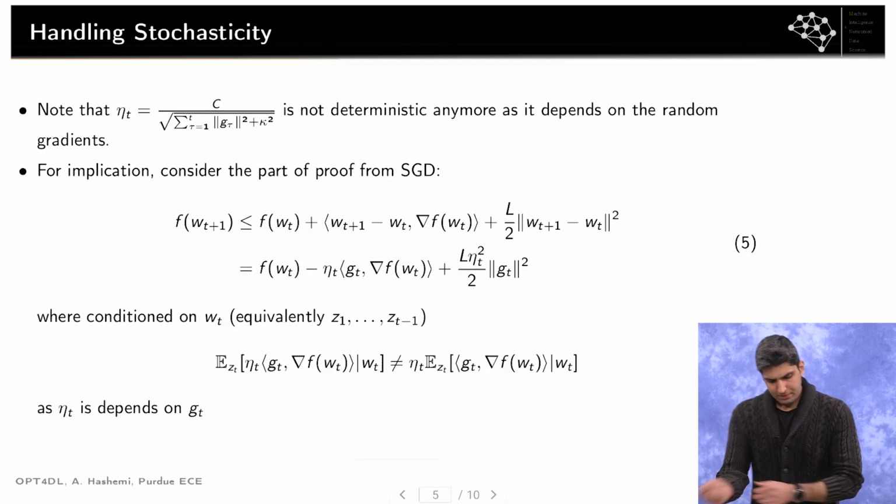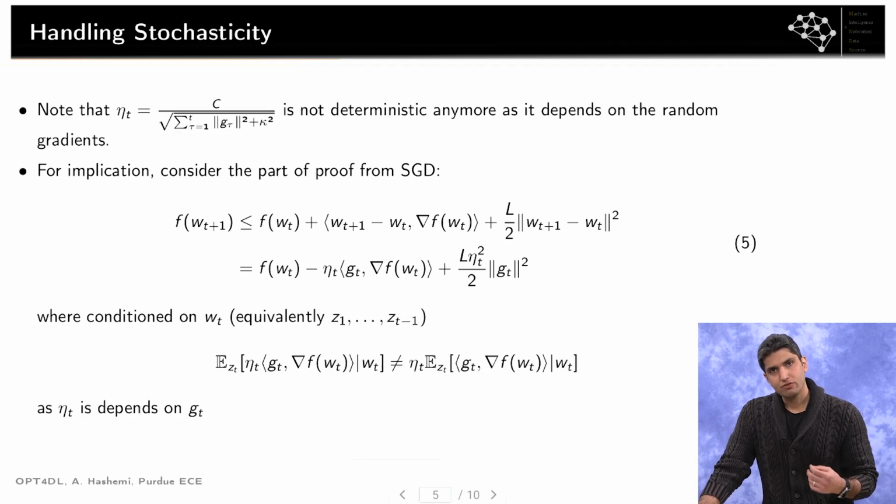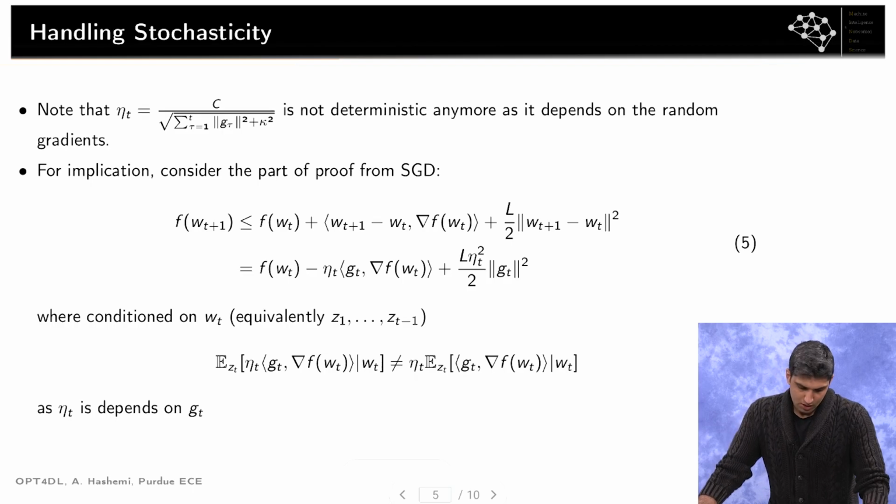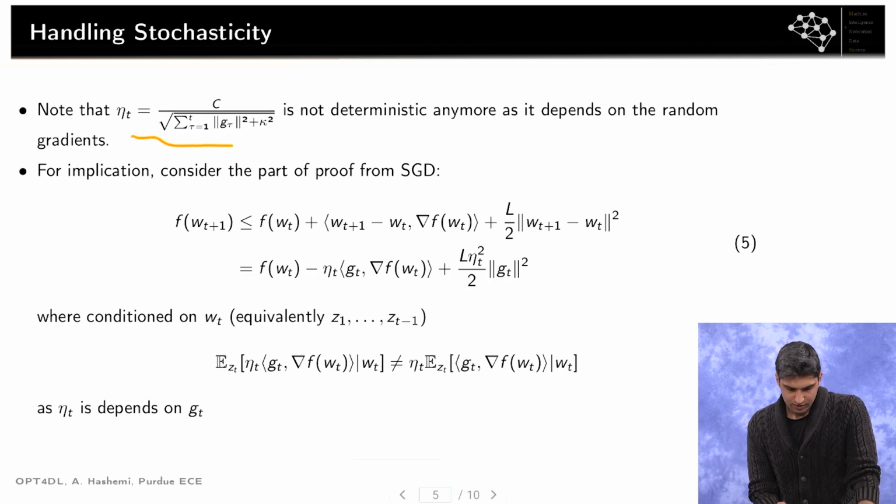So let's briefly talk about the impact of using this choice of learning rate on the analysis of the algorithm. The essential change compared to what we talked about with SGD and constant step size is that this current learning rate is not deterministic anymore.